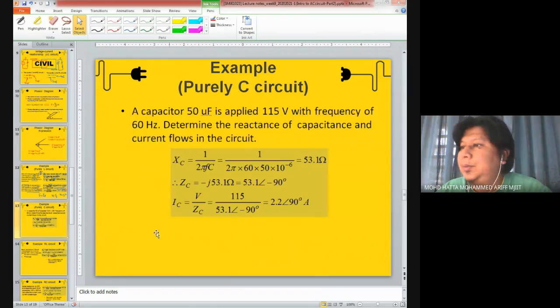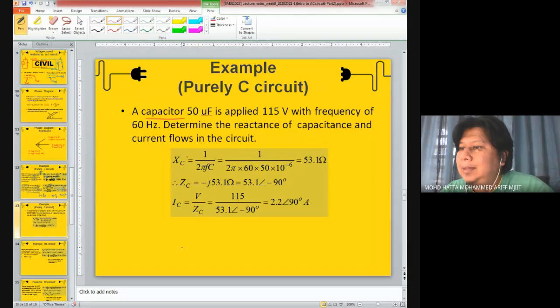Same goes to purely C circuit. Here for purely C circuit, I think this example you can always revise back the value, but the strategy that I would like to mention over here is that the important thing is that here we have a capacitor.